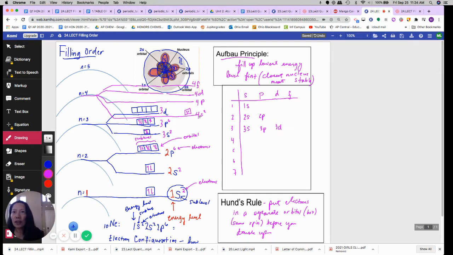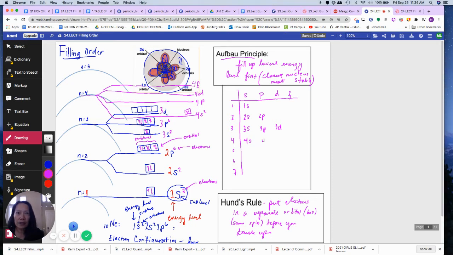In the fourth energy level, you have 4s, 4p, 4d, and 4f. In the fifth energy level, you have 5s, 5p, 5d, 5f, and after f, it's alphabetical, so 5g.